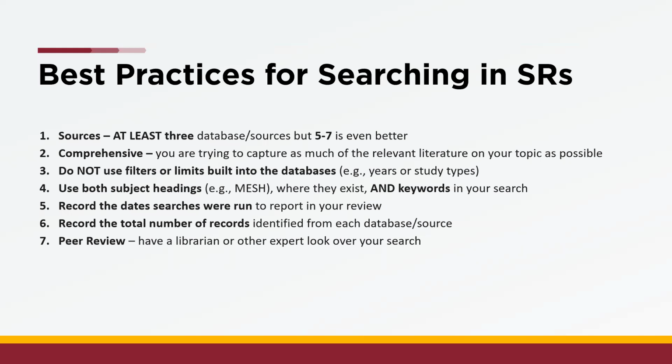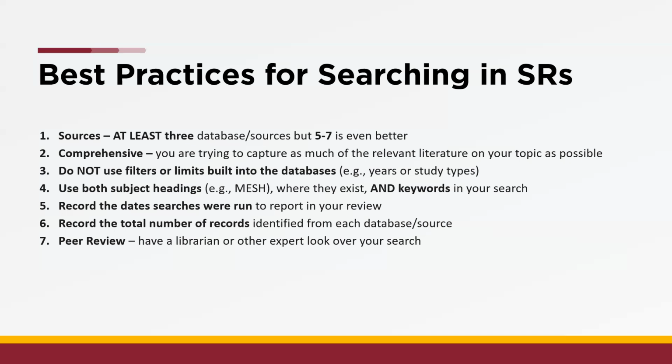This is because, in terms of transparency, when we're talking about science, we did not make those databases and we do not know how those filters work. There's not a lot of transparency into those filters and limits. Also, filters are not perfect.